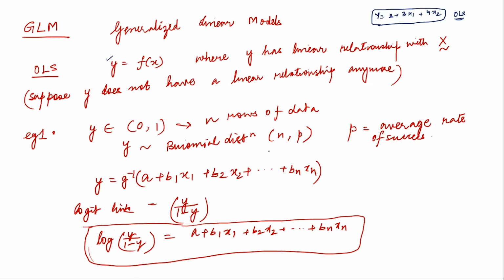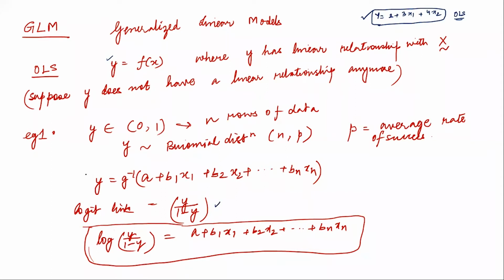Now, in this kind of context, where y comes from a binomial distribution, you cannot expect to write something like this. So what do you do? You introduce a certain function called a link function. You say, okay, I know that directly I cannot write y equals a plus b1 x1 plus b2 x2. Therefore, let me bring in an intervening function called the link function. In case of logistic regression, the link function is called the logit link.